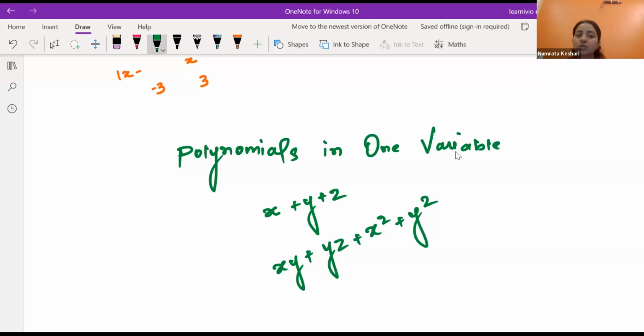Polynomial is basically one expression. In mathematics, two things must be clear to us. One is equation, second is expression. Equation means there will be an equality sign. LHS will be there and RHS will be there.